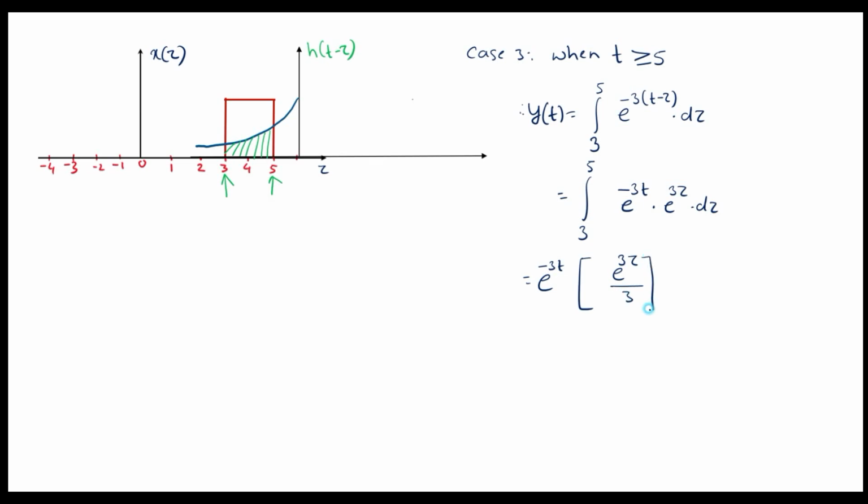We'll apply the limits 3 and 5 and simplify this further. e power minus 3t times e power 3 into 5, that is 15, divided by 3 minus e power 3 into 3, that is 9, divided by 3. So this is the y of t value when t is greater than or equal to 5.